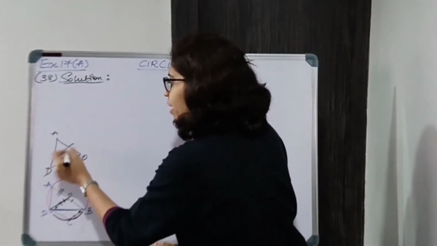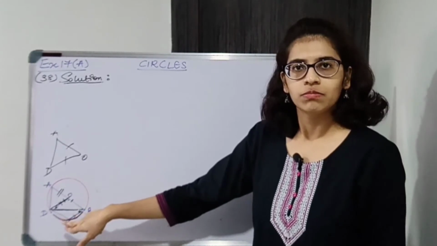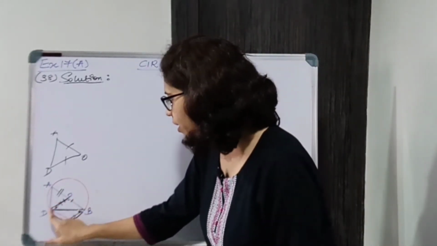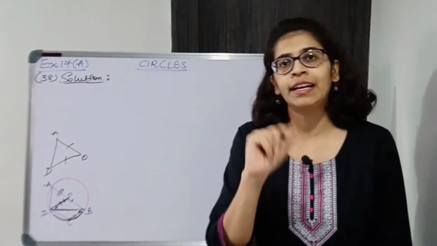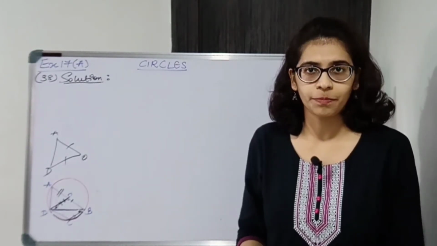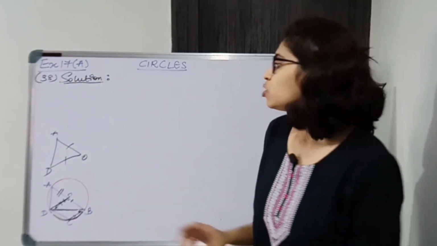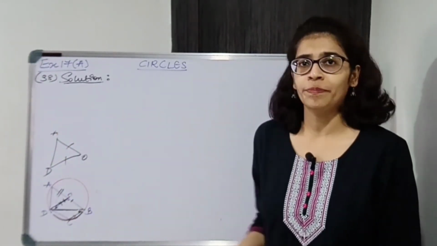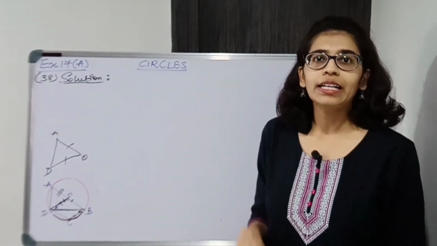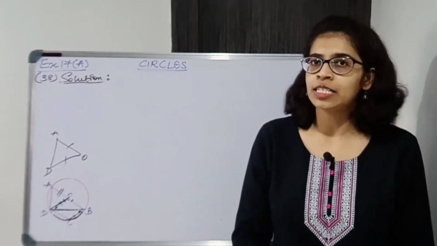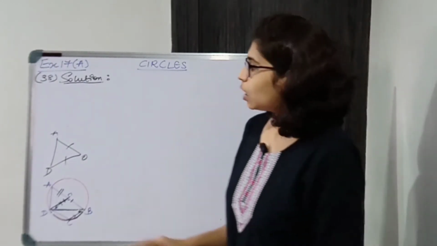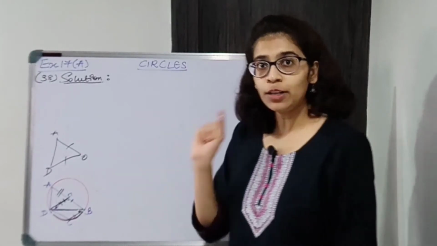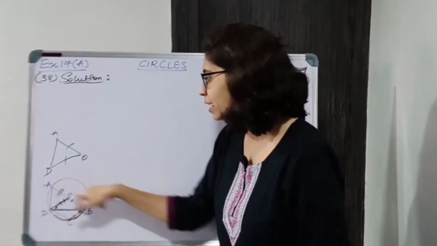I know that OD and OA are equal because OD and OA both are radii of same circle. Okay, so ये दोनों congruent होंगे, but DA को मैं congruent prove कर सकती हूँ क्या? No. So what I'll do? I'll instead prove angles to be 60 degrees. Now DAO, I know angle DAO. DAO is nothing but DAB.